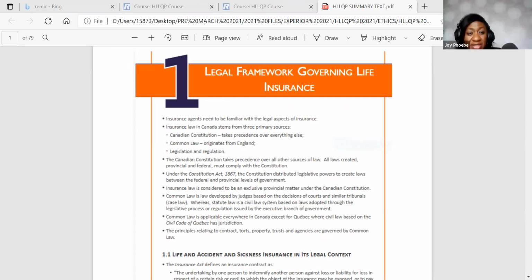The person holding the items in trust is called the trustee, and then we have the beneficiary as well, because there are three parties to a trust relationship: a settlor, a trustee, and a beneficiary. The settlor is the person who created the trust and from whom the asset will come.